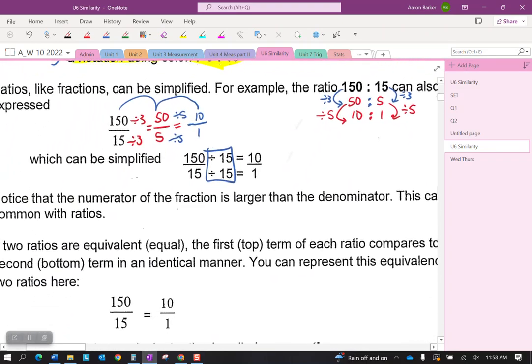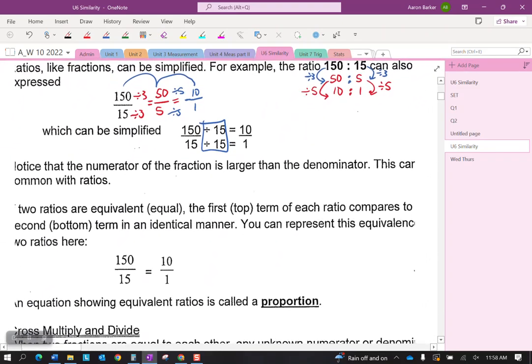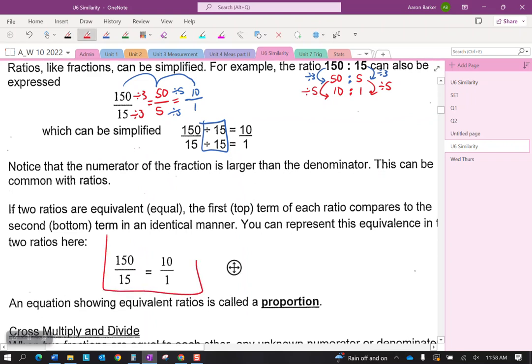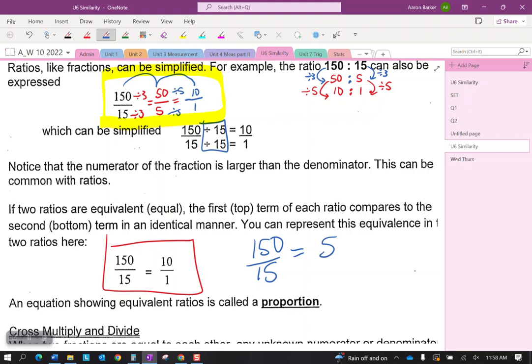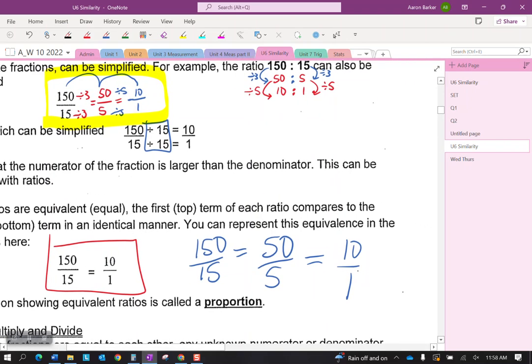When you have 2 equal ratios, you actually get a proportion. So this here is a proportion. Now, you can also use these fractions from up above. The full proportion could be 150 over 15 equals 50 over 5 equals 10 over 1. Those 3 are equal.